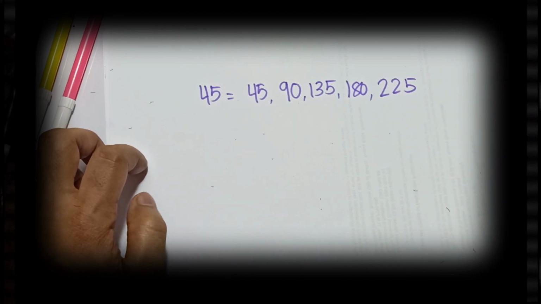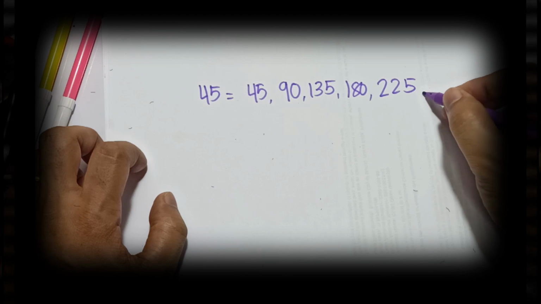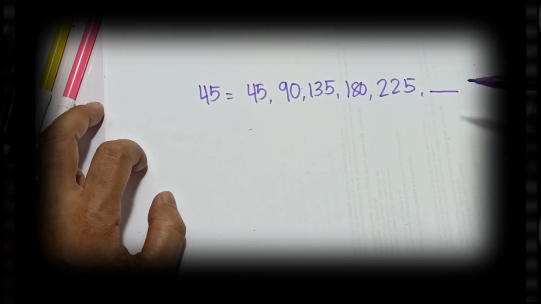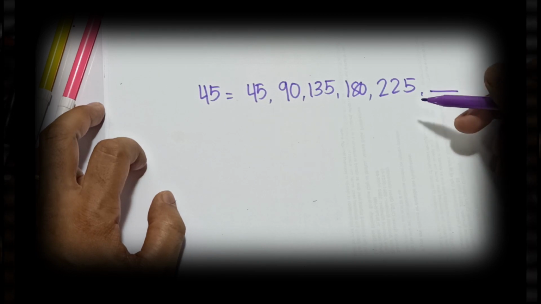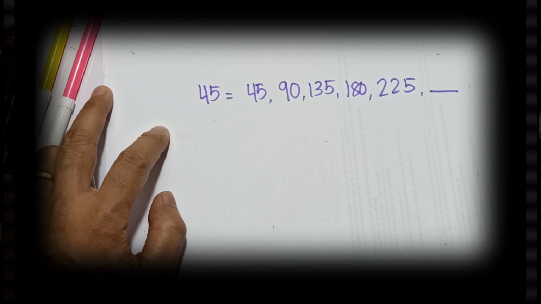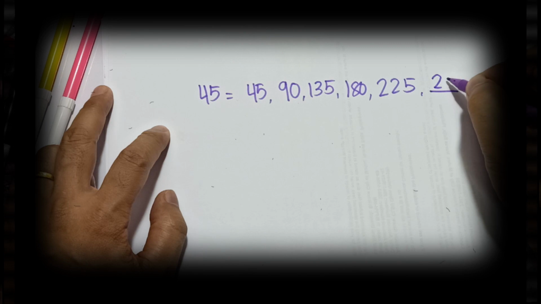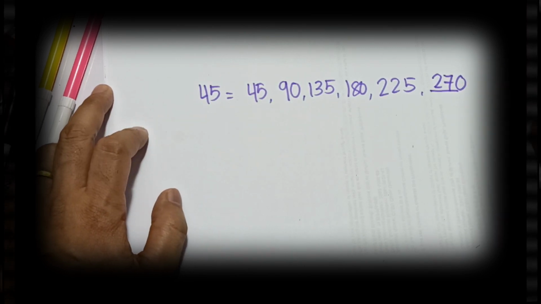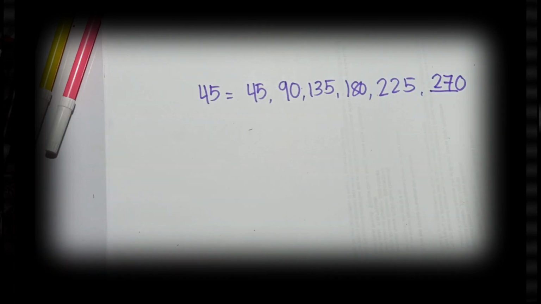Okay, so if the question is what is the next multiple of 45 after 225, right? So what will be the answer? So the answer is 270. So that's how multiples work, right?